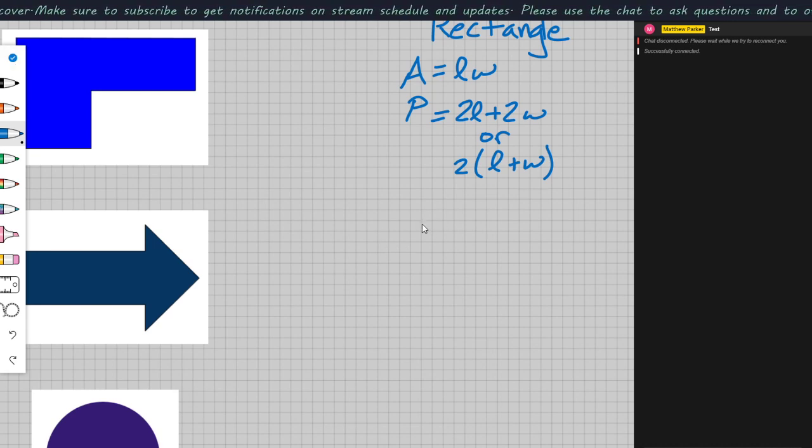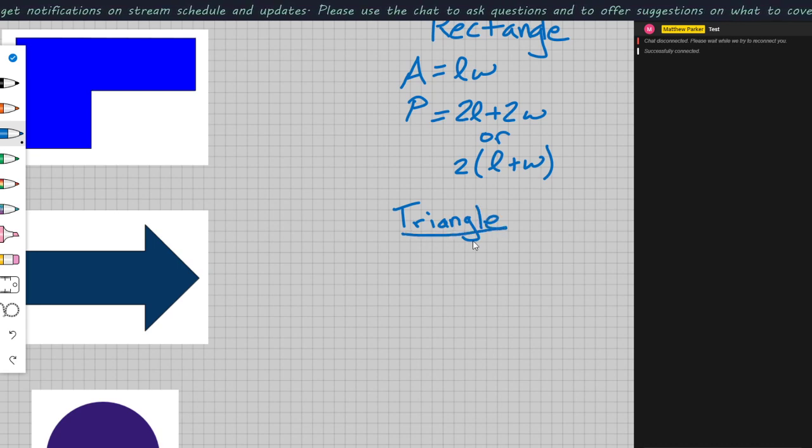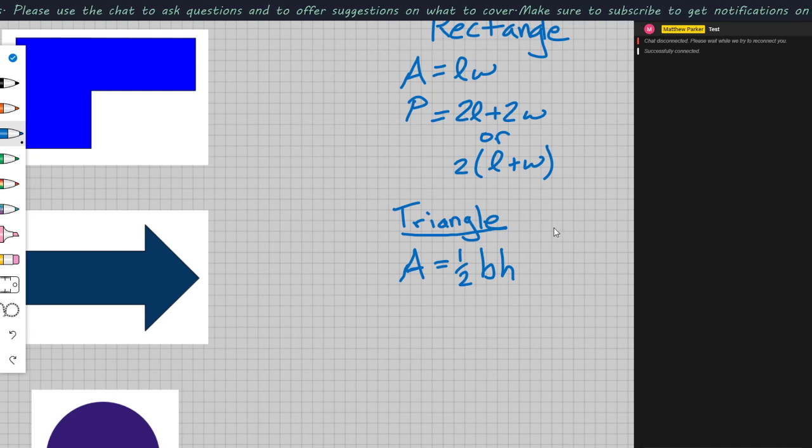So, triangle. The area is 1/2 base times height. So if I was to draw a little triangle, make it a right triangle.